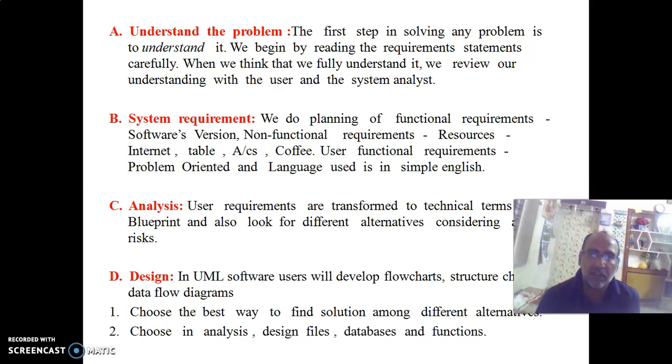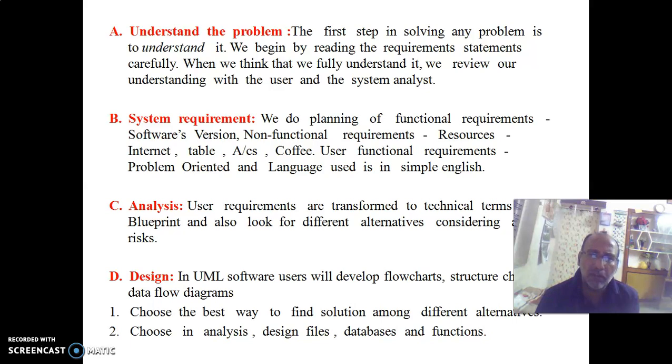Next one is system requirement. We do planning of functional requirements, that means software and also software versions. Non-functional requirements: resources, internet, table, ACs, coffee.